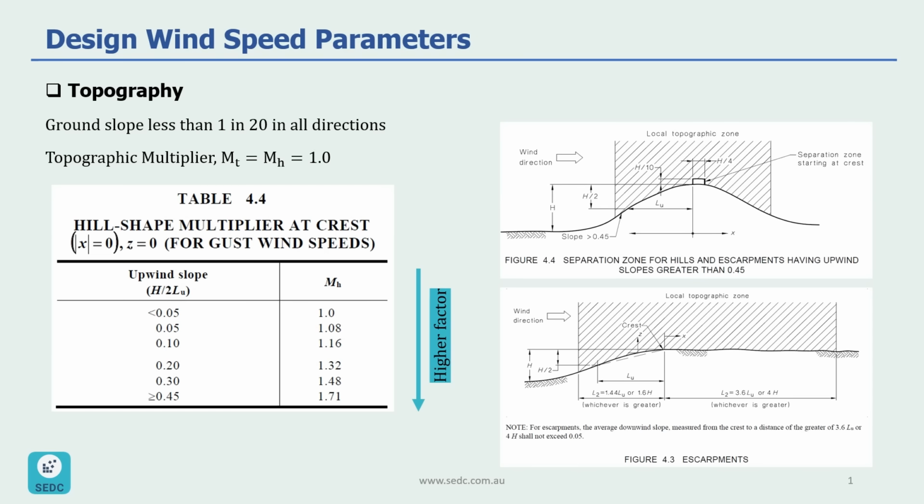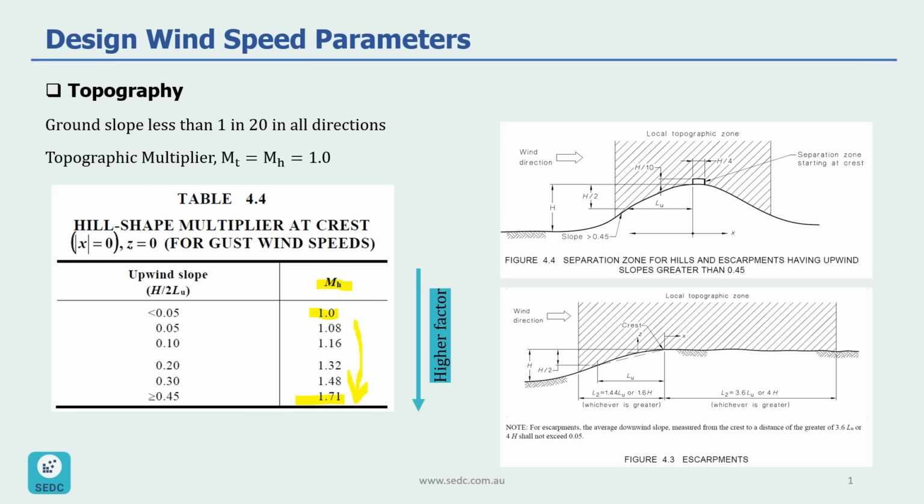The parameter related to topography is called MH. In our case, because the ground slope is less than 1 in 20 in all directions, this factor would be 1. But as you can see in table 4.4, the more slope we have, the higher the factor we will have for this parameter.